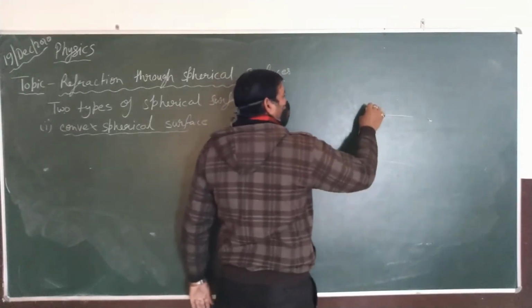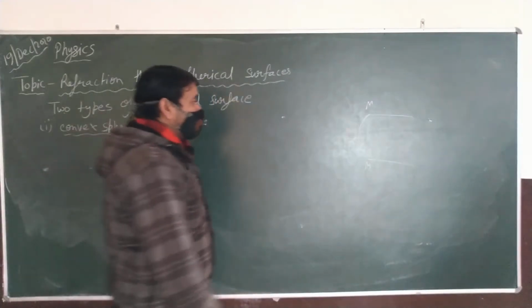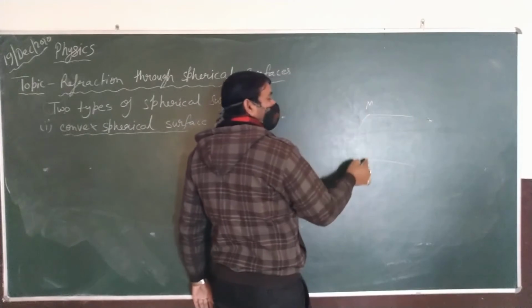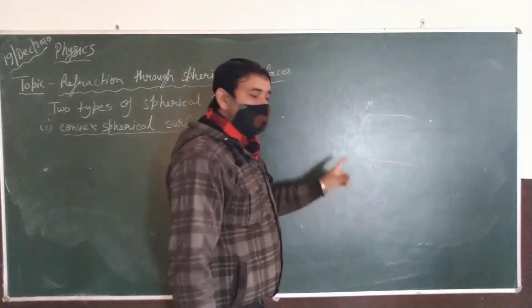The point at the center of M dash is called pole of the surface.